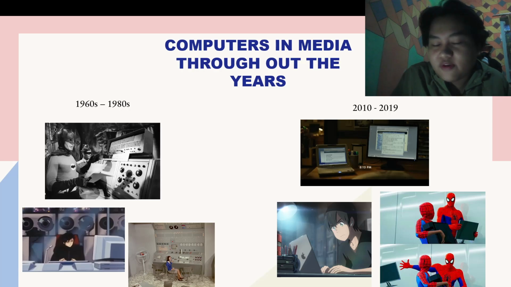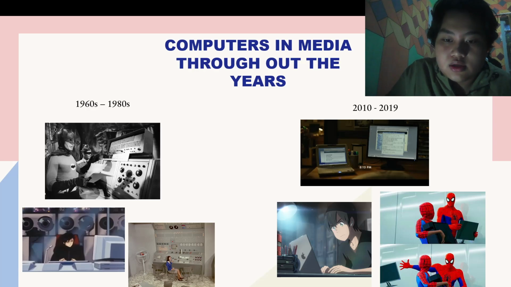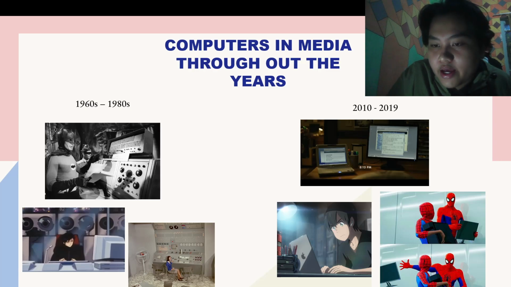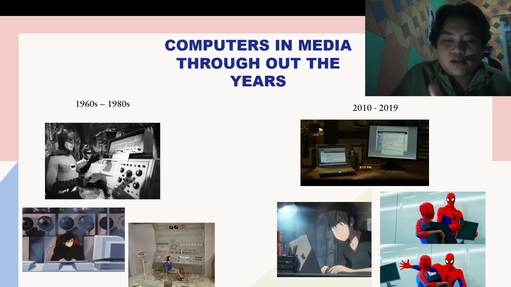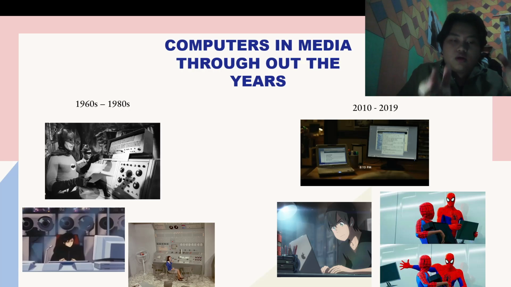Sony Vaio is actually pretty dated, if you ask me nowadays. It's an iMac in anime, and in a movie like Spider-Verse it's a normal PC that would look like that. Very interesting how different it is in the 90s and nowadays, how the media captures what a computer is.